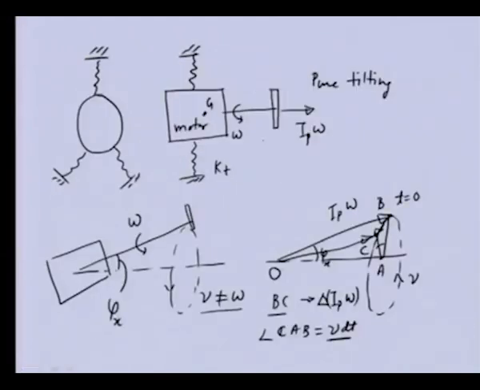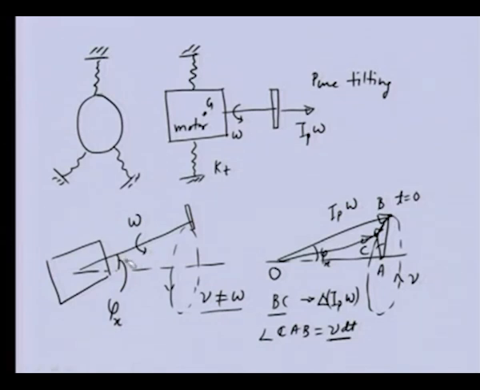When the moment is acting in the clockwise direction, that moment will try to reduce this particular angle. That means it is trying to reduce the tilting of the motor shaft assembly, and because of that the effective stiffness is increasing.